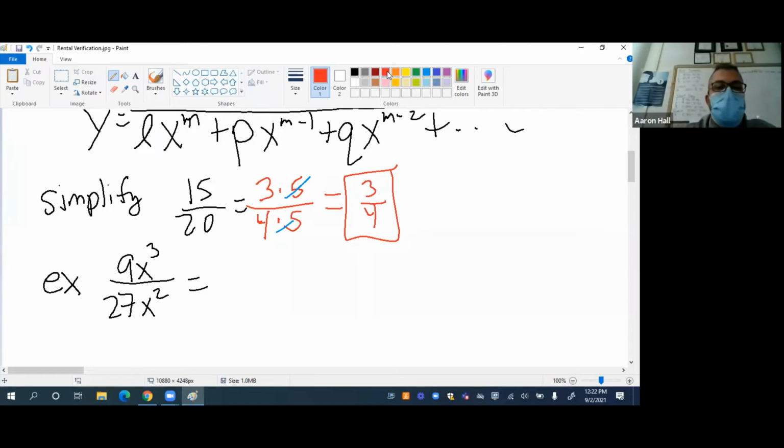I really think it's easier for understanding when we do that. The 9 can be broken into 3 times 3, and the x cubed can be written as x times x times x, over 3, 3, 3, x. What can I eliminate?